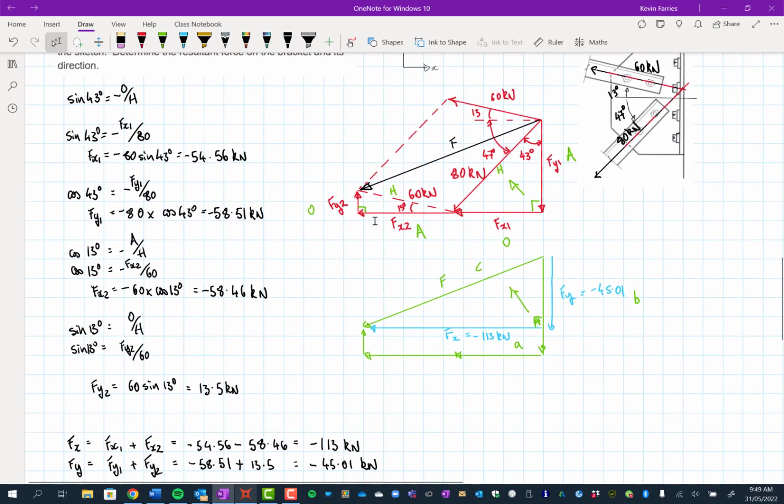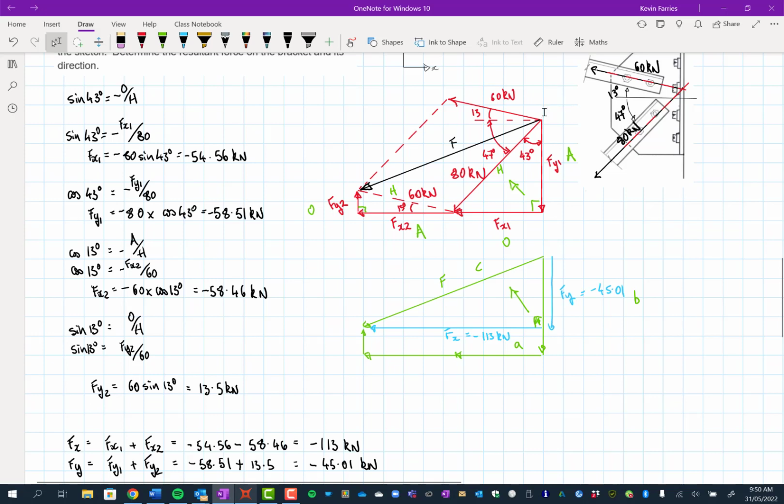Sometimes for this problem it might ask you to find the direction from one of these members. What we'll do is just the usual, where you're taken from the x-axis. In this case, because we're heading this way, it might be sensible to take that relative to the negative x-axis rather than taking it from the positive, because you're looking at this direction here.